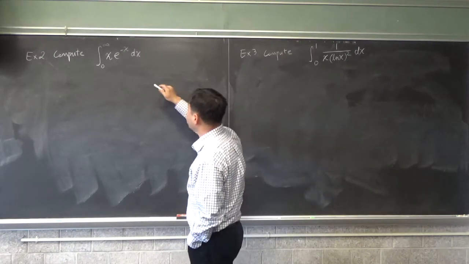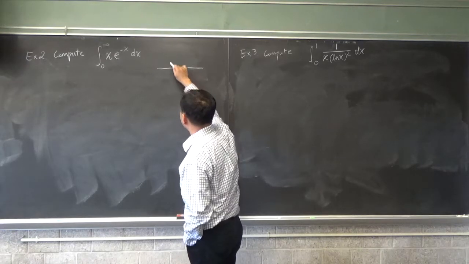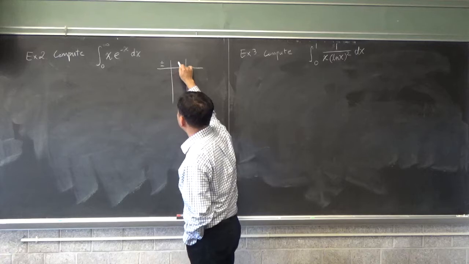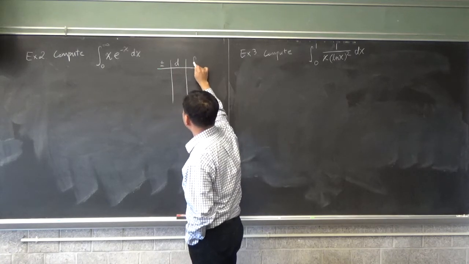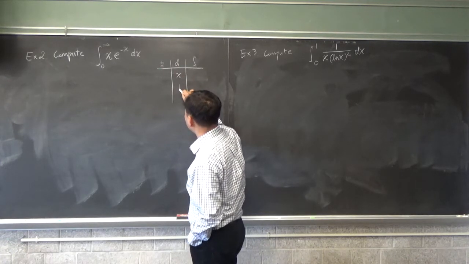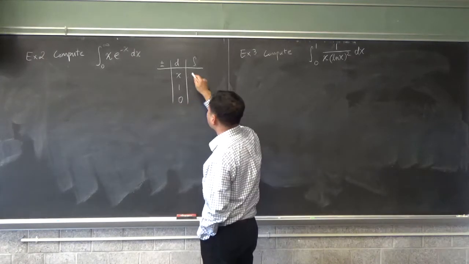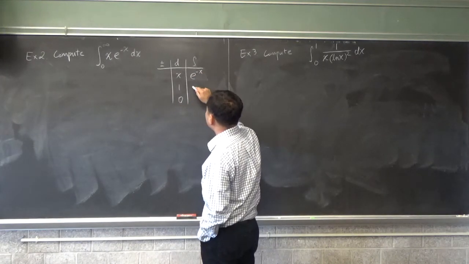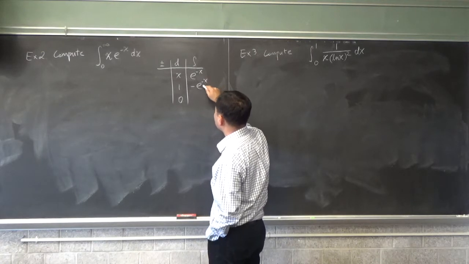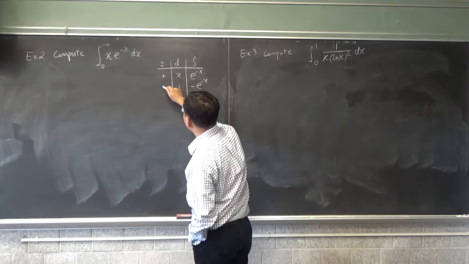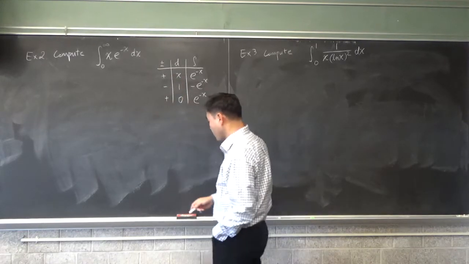You could do this integral by doing tabular integration, plus minus d integral, and x differentiates to 1, 1 differentiates to 0, and then you get a 0, you stop. e to the negative x integrates to negative e to the negative x, integrate again, e to the negative x, plus, minus, plus.